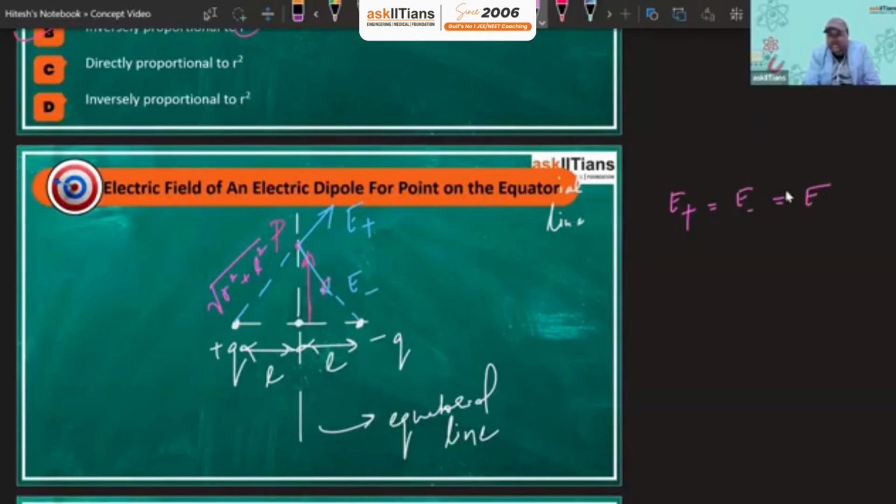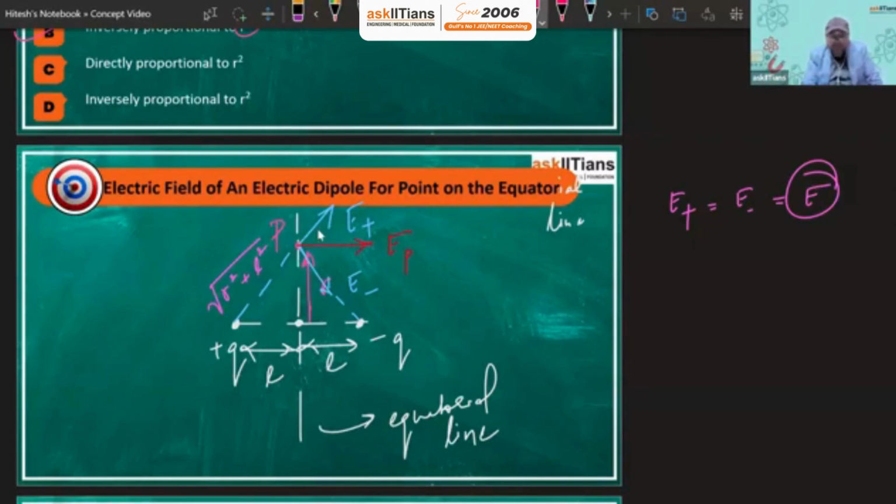Let's say it is E. And as both are of the same magnitude, you see the resultant must be like this, EP. Getting it? And what is the angle between them? What do you think is the angle between them? This is not 60 degree, right.